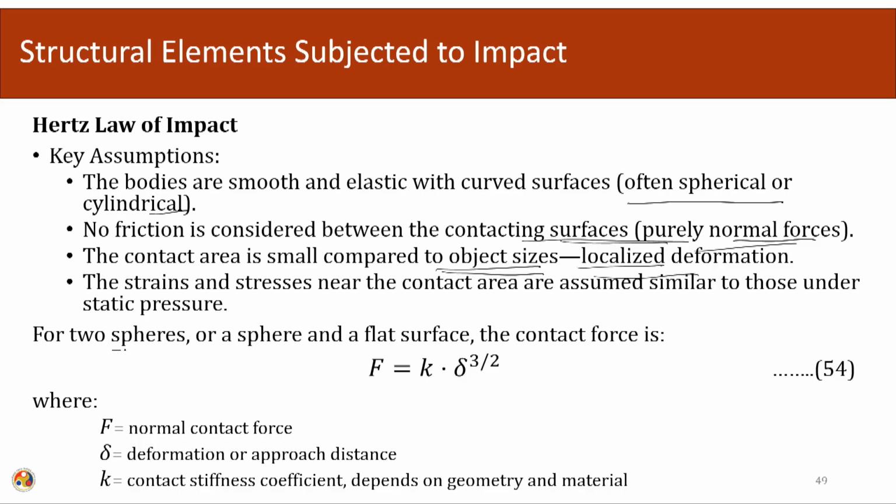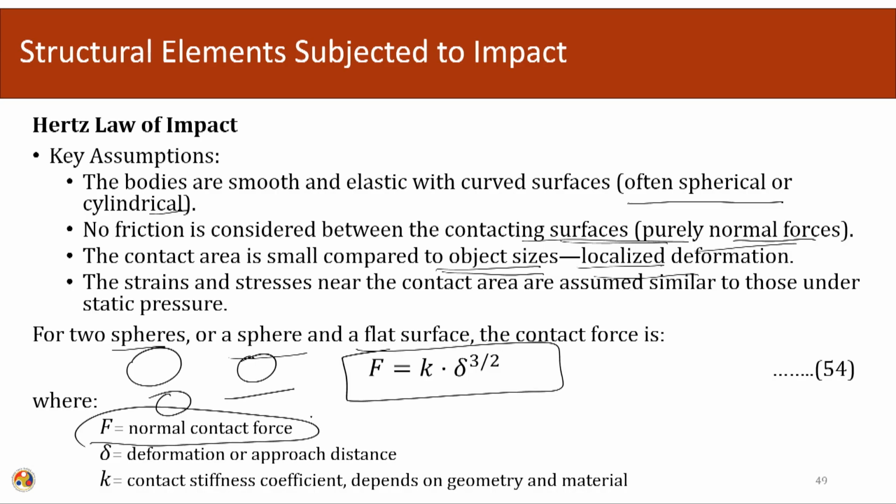So, if we are taking two spheres, or a sphere and a flat surface, the contact force is given by this equation, where F is the normal contact force, delta is the deformation or approach distance, and K is the contact stiffness coefficient.